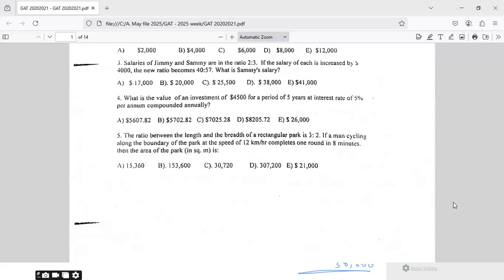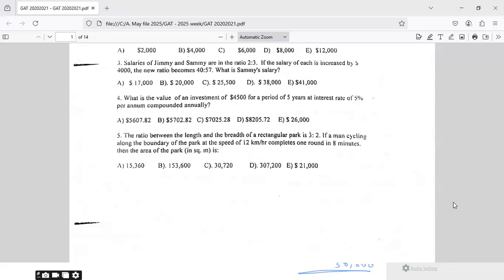Now, the moment you hear things like compounded annually, that one is no longer simple interest. It has now turned into compound interest. Now that we have knowledge of simple interest, I'm going to introduce the formulas you need. Somebody may ask, what is compound interest?